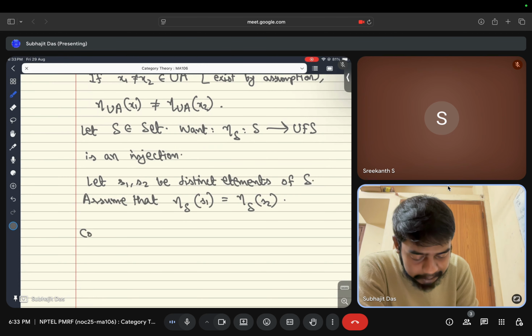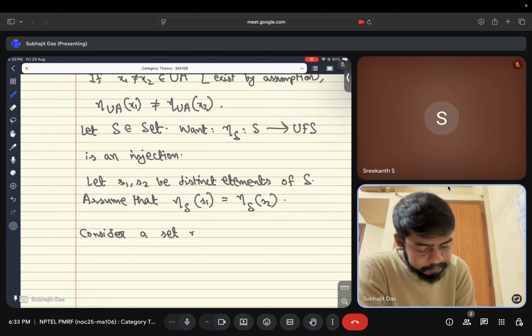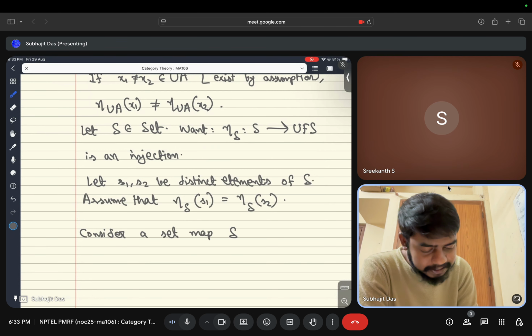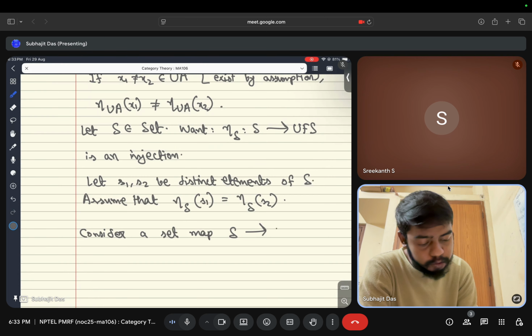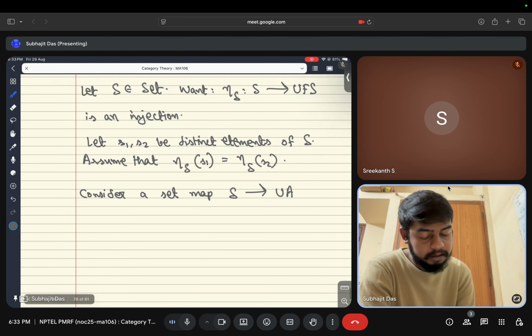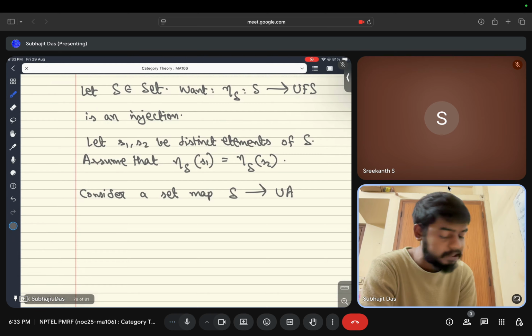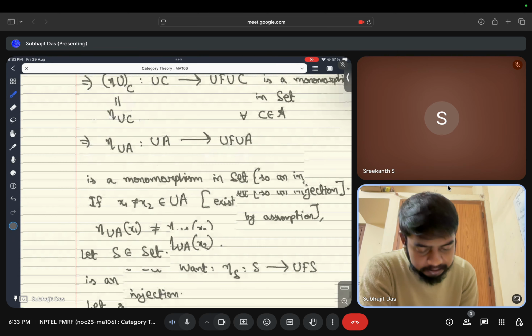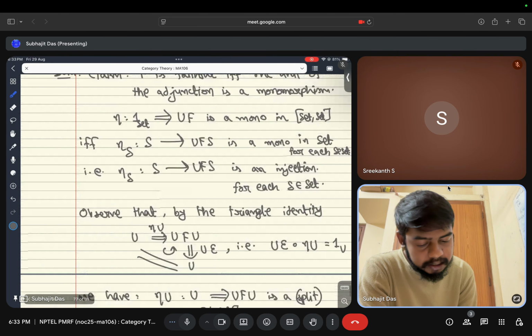So consider a set map, any set map from S to UA. What does this map do? Let's call this map F, I hope I haven't used F anywhere so far.